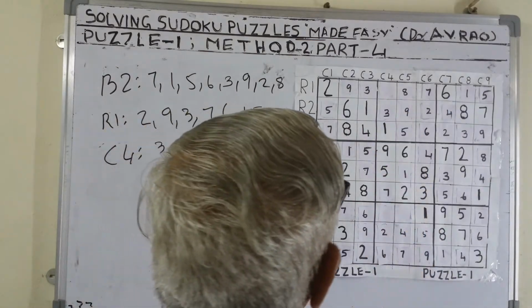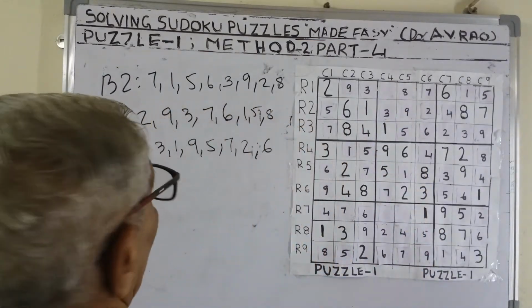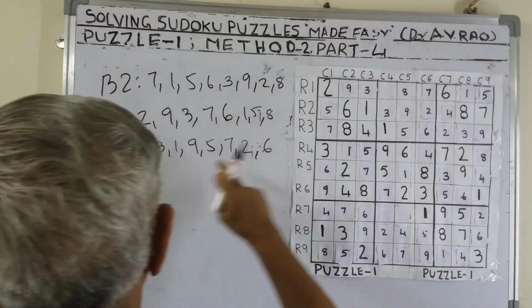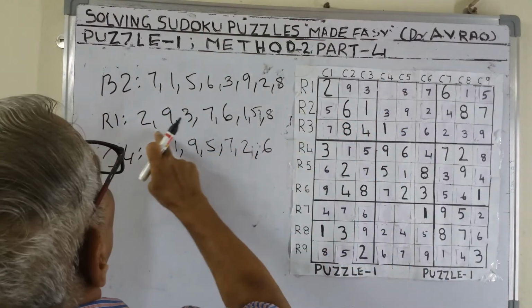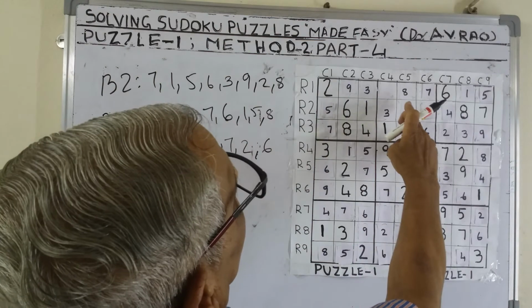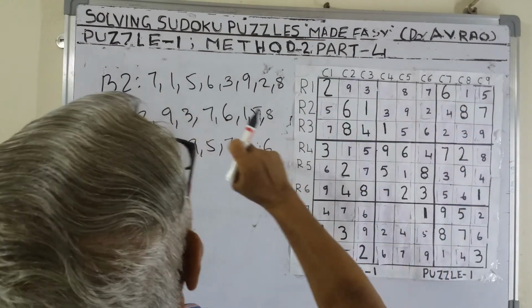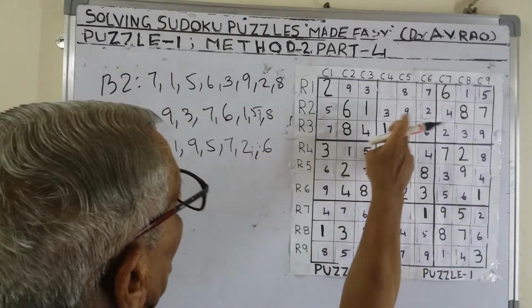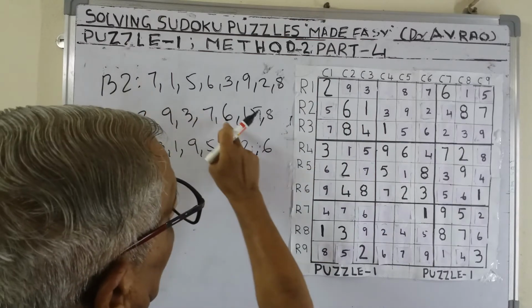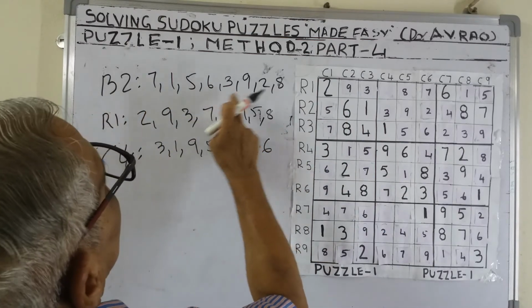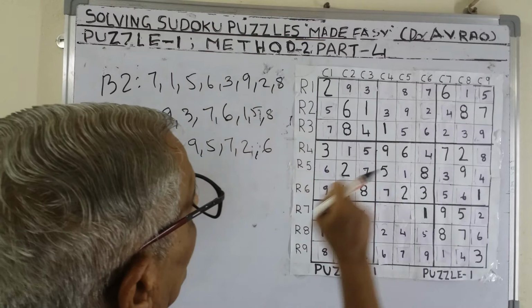C4, okay. R1, C4. R1: 2, 9, 3, 7, 6, 1, 5, 8. B2: 7, 1, 5, 6, 3, 9, 2, 8.